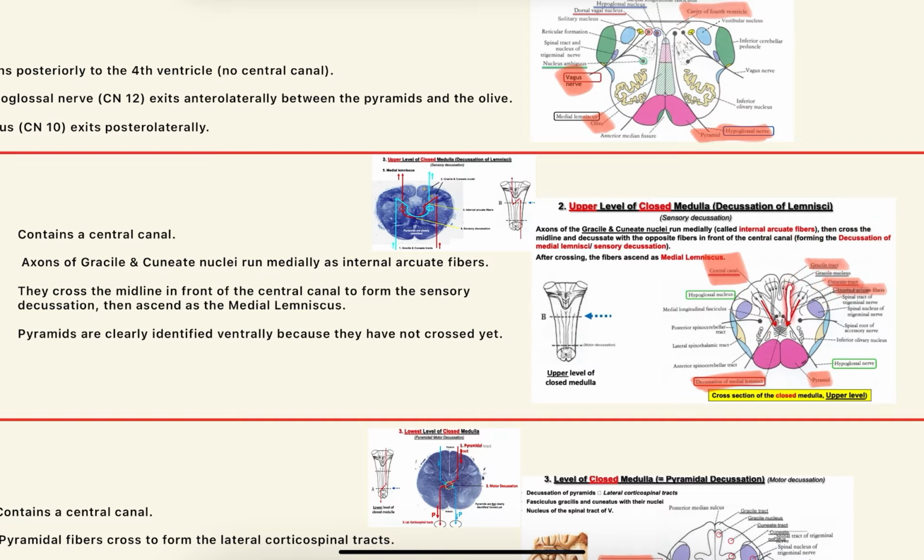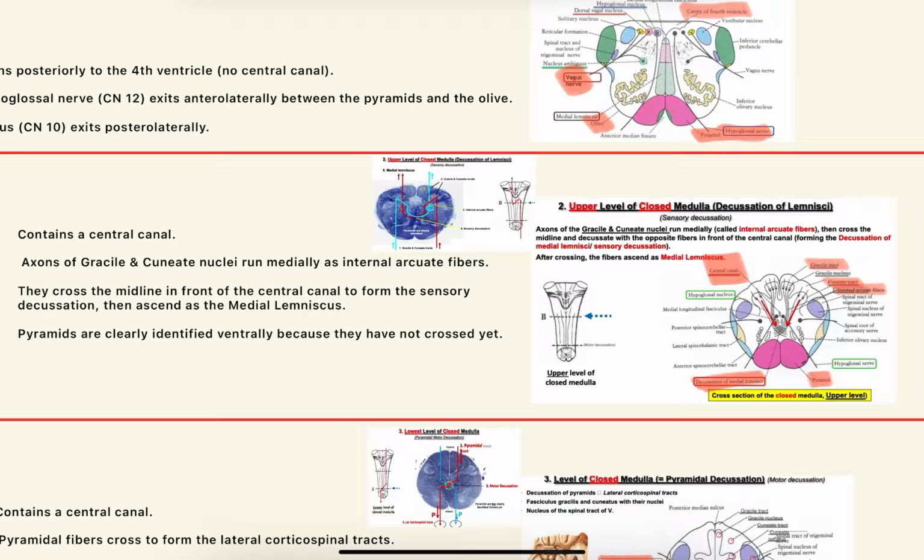Once it forms these tracts, the gracile and cuneate will cross with each other in the midline, in front of the central canal. Once they cross, we call this sensory decussation. This is why this is called the upper part of the closed medulla. And we call this sensory decussation the medial lemnisci, the one that we have always been talking about.